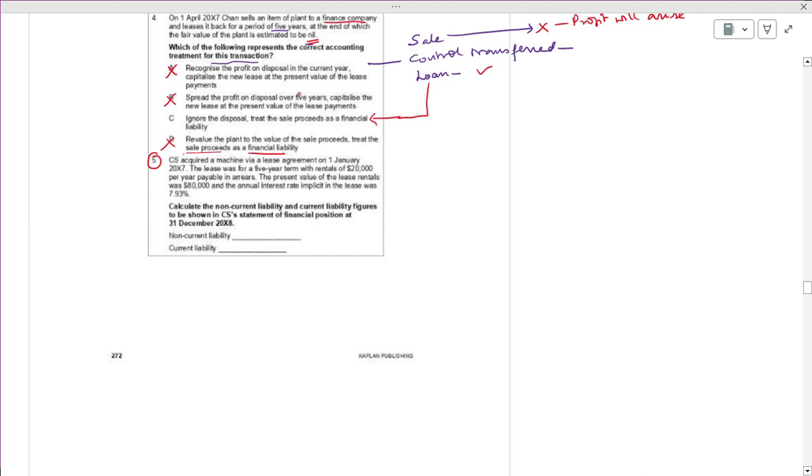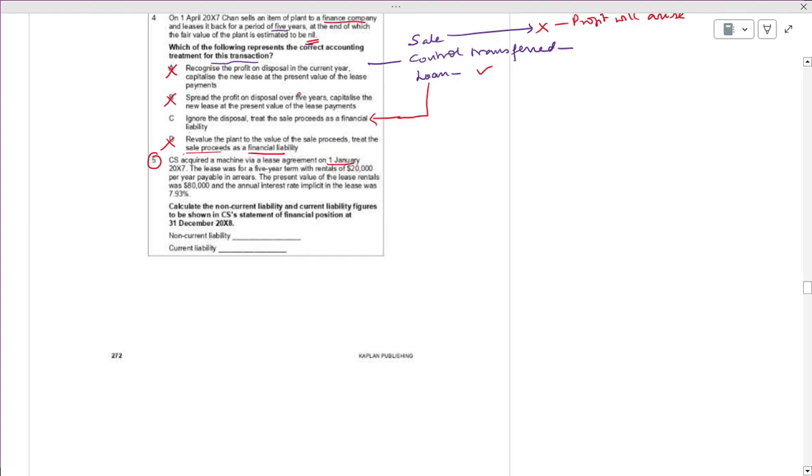CSA acquired a machinery via lease agreement on 1/7/2007. The lease payment was 20,000 payable in arrears at the end of the year. The present value of lease rentals is 80,000. Annual rate is 7.93%.